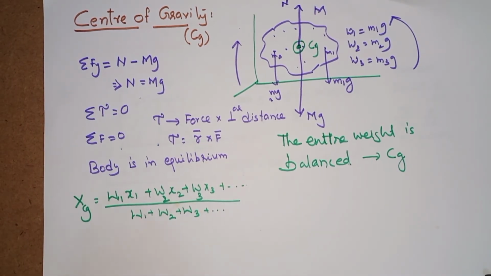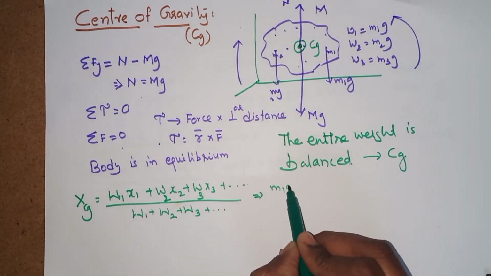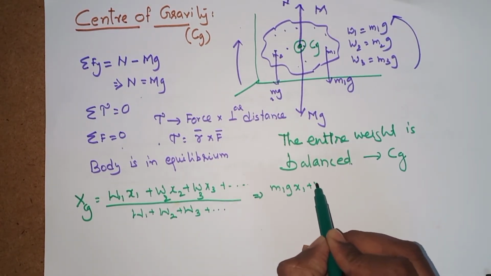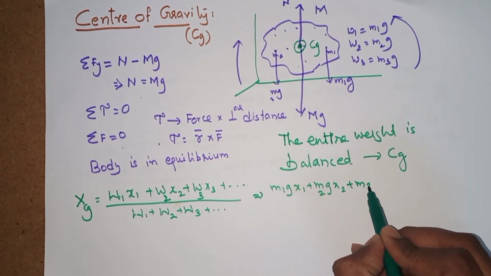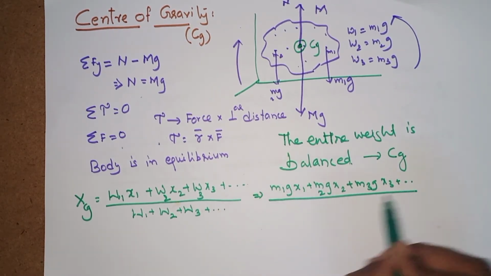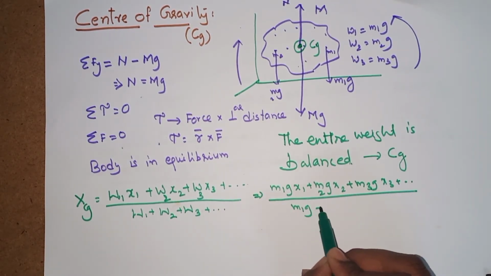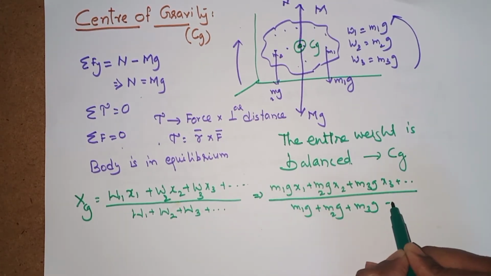This is how to write it: M1g x1, M2g x2, M3g x3, and so on, by M1g plus M2g plus M3g, and so on.